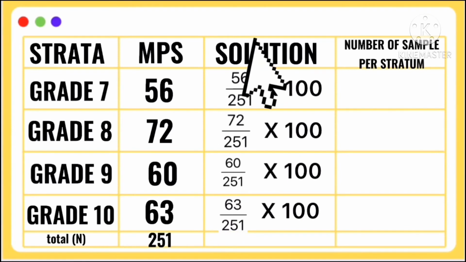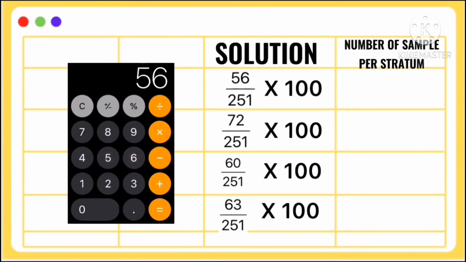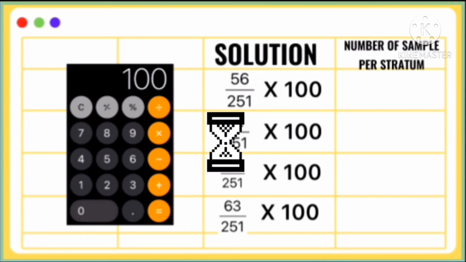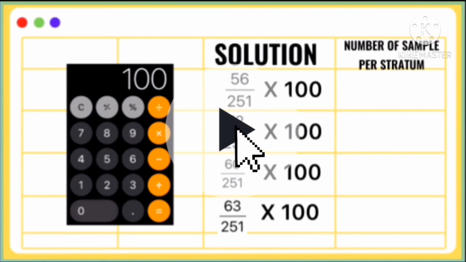Your solution should look like this: 56 divided by 251 times 100. But wait, you must be wondering where we get 100. Well, 100 there is the number of high school students who need to answer our surveys, and they are our sample or respondents.